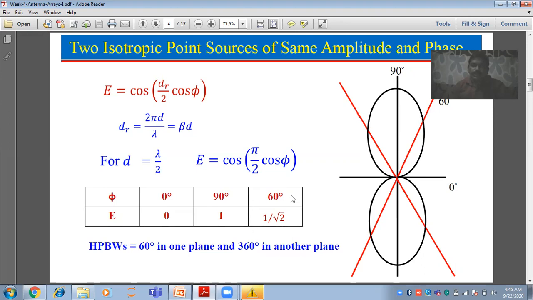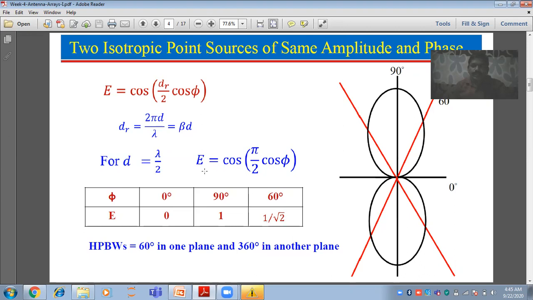Similarly, you take another direction, phi equals 60 degrees. Cos 60 is 1 by 2, so 1 by 2 into pi by 2 becomes pi by 4, and cos pi by 4 is equal to 1 by root 2.